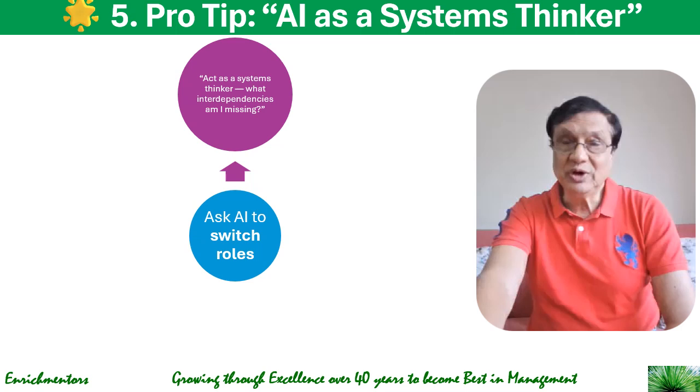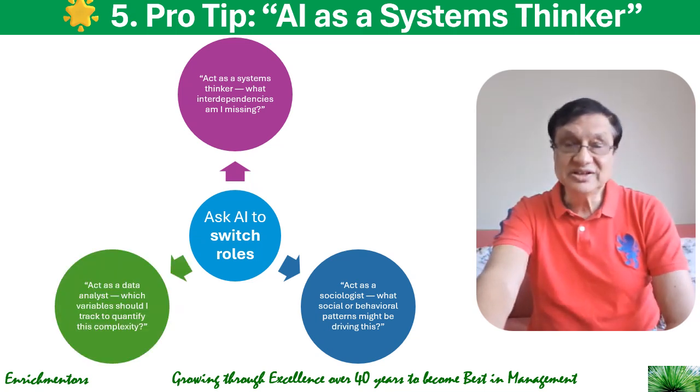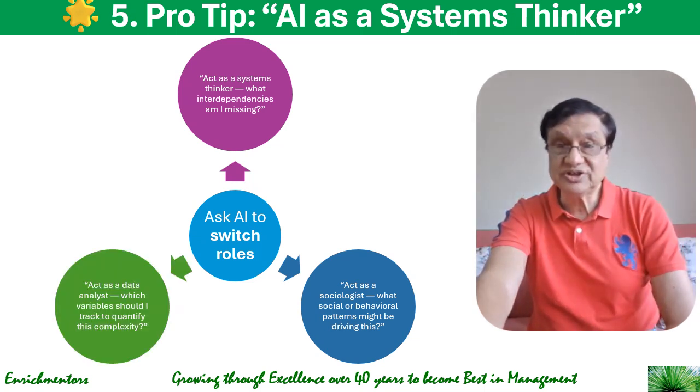You can ask it to act as a sociologist: what social and behavioral patterns might be driving this? Or you can ask it to act as a data analyst: which variables should I track to quantify this connectivity? And this multi-lens approach can help you see the full system, not just the symptoms.